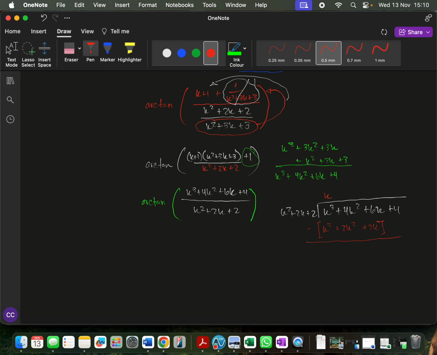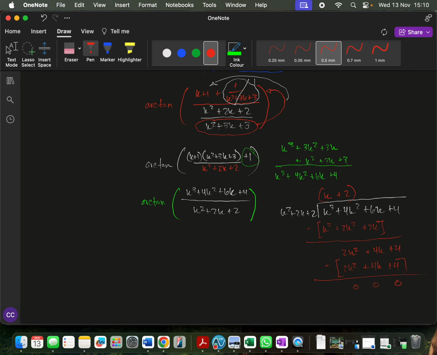When I subtract, that turns into 2k squared plus 4k plus 4. And then I would have to multiply by 2 again, and I'd get minus 2k squared plus 4k plus 4. That's going to 0. So we know that that is a factor.